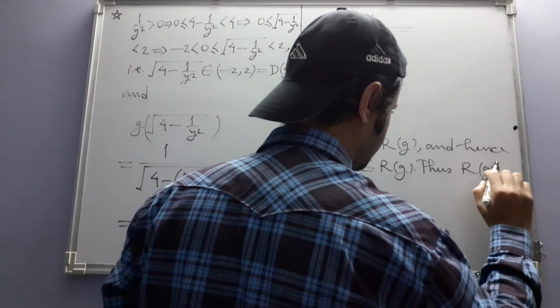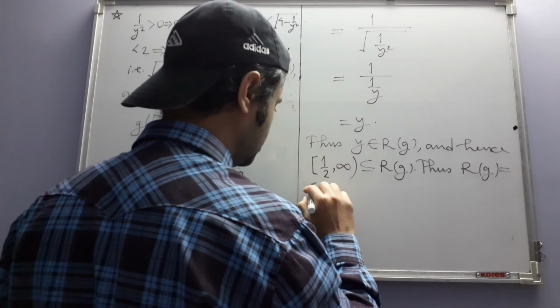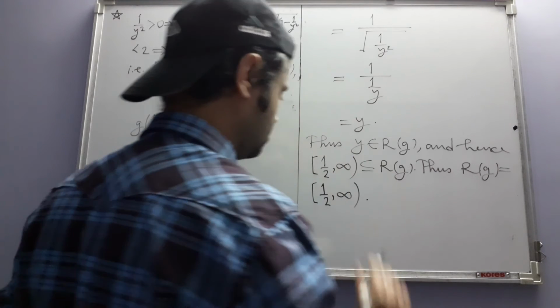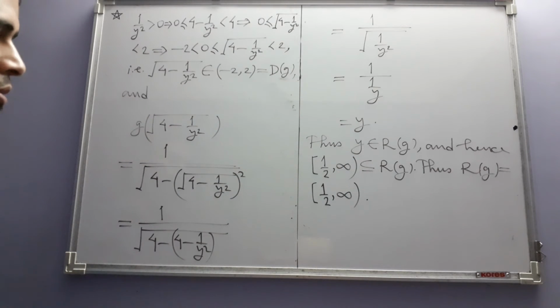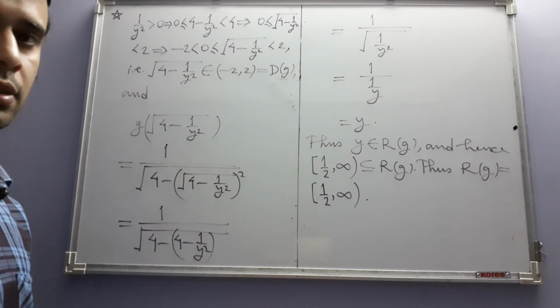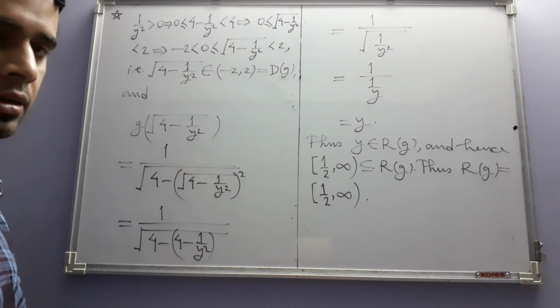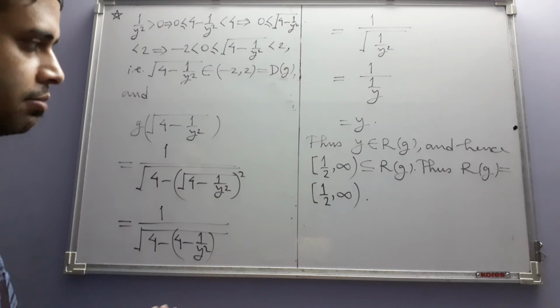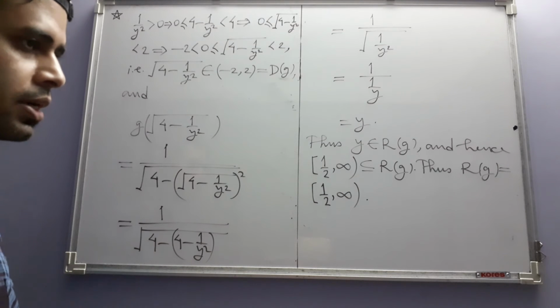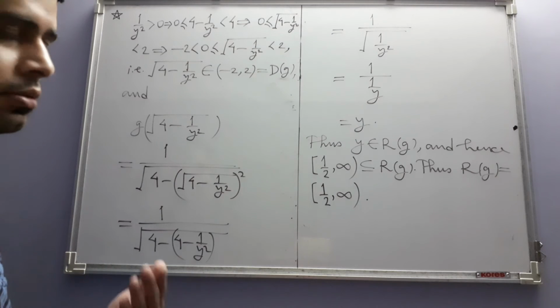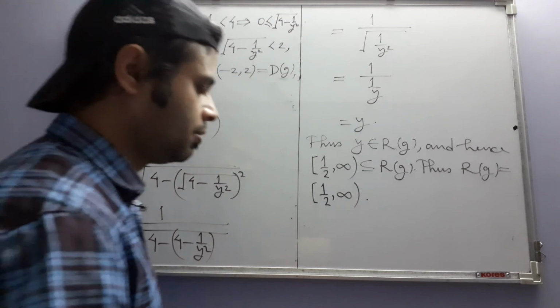Thus the range of g is equal to this closed ray. Things escalated pretty quickly from one problem to the next, but we can expect that because we start off very easy and then we move on to the more and more difficult problems.